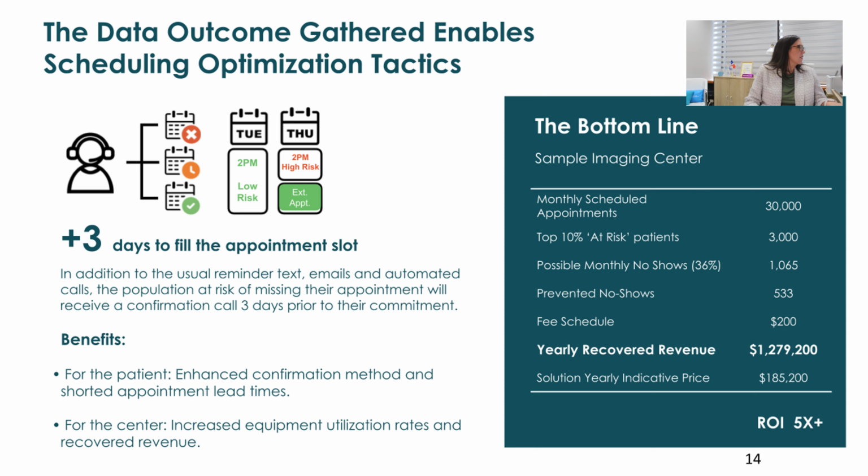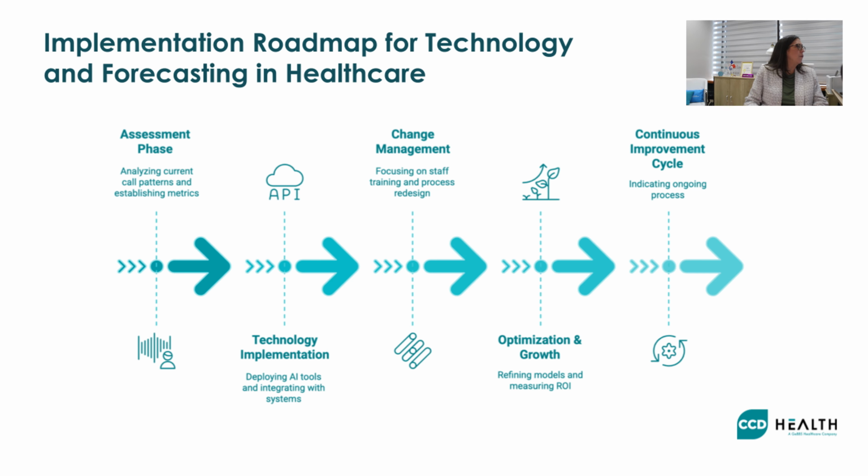When we look at some of the closing thoughts for today, we can look at an implementation roadmap of forecasting in healthcare. Basically, implementing this requires a phased strategic roadmap. It requires assessment and planning.